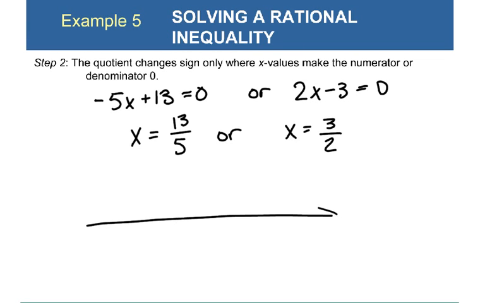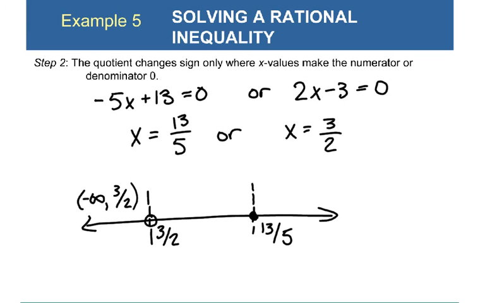Alright, so let's draw out our number line here that we have. Here, at 3/2, it's going to be an open interval. Here at 13 over 5, it's going to be a closed one. And so our interval here ends up being from negative infinity to 3/2. Remember, open interval because that 3/2 is not included.